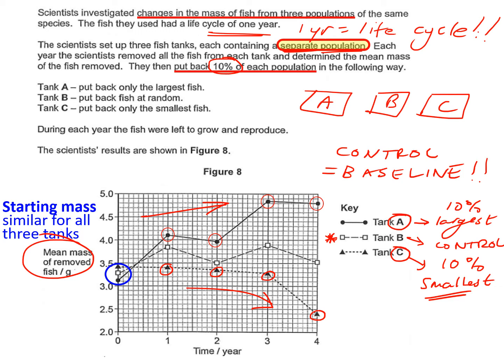So it's artificial selection because obviously we're controlling which fish are being put back into the tank, which can then breed together. But because we're selecting for one extreme, it's actually directional selection. Because in tank A, you're selecting for the largest fish and they're allowed to breed and their mean mass increases over many generations. In tank C, you're selecting for the small extreme and you're allowing the smallest fish to breed together, which actually we see decreases the mean mass of fish over a number of generations.